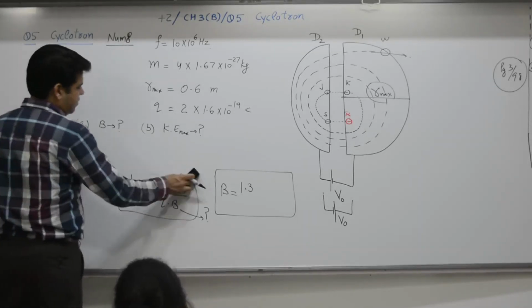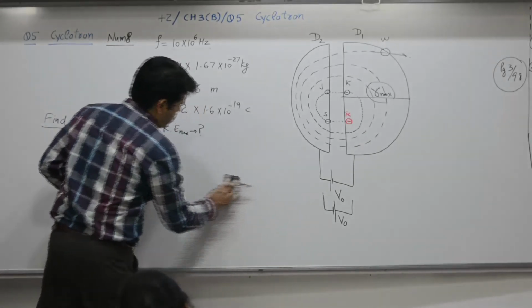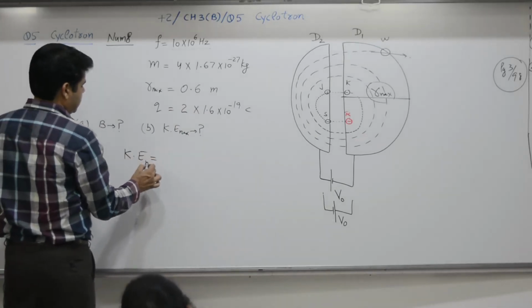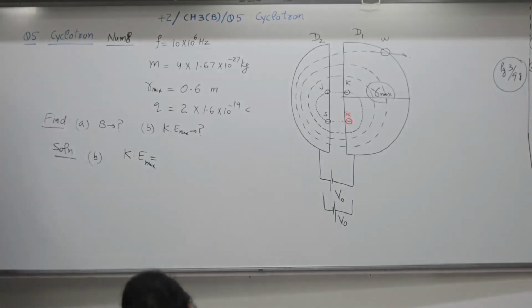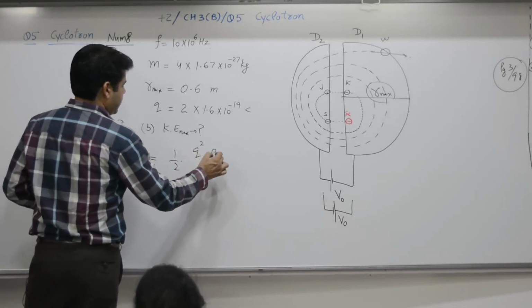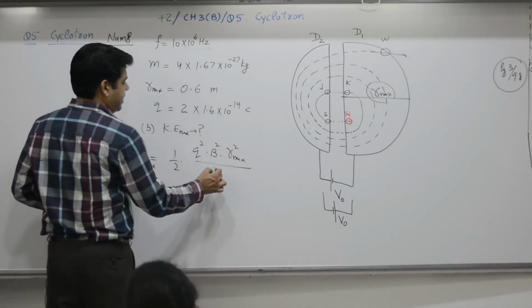Refer to the notes for the kinetic energy formula. The maximum kinetic energy formula was 1 by 2, q square, B square, r square divided by m.